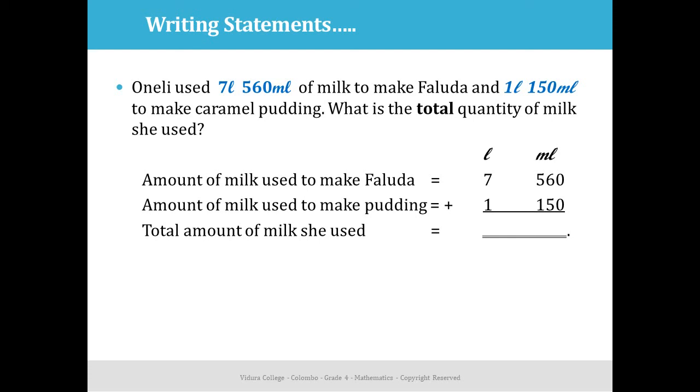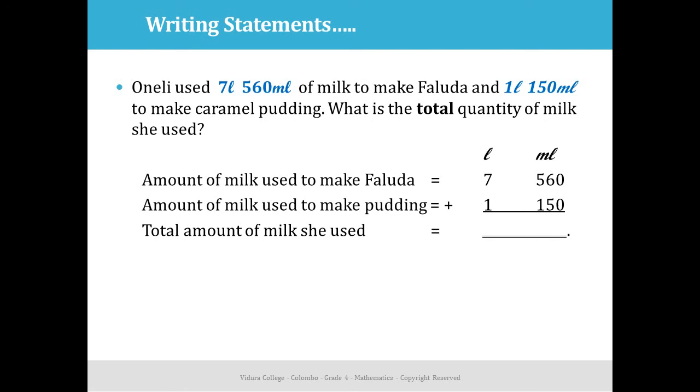Right, first write the liters and milliliters symbols. Then let's write our first statement. Amount of milk used to make faluda equals 7 liters under liter and 560 milliliters under the milliliter symbol.